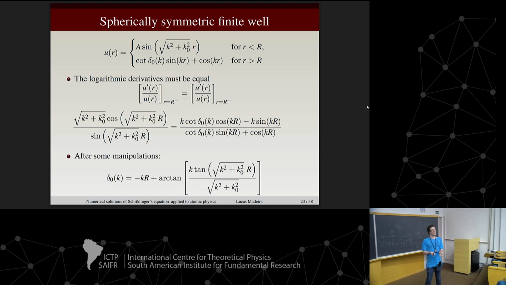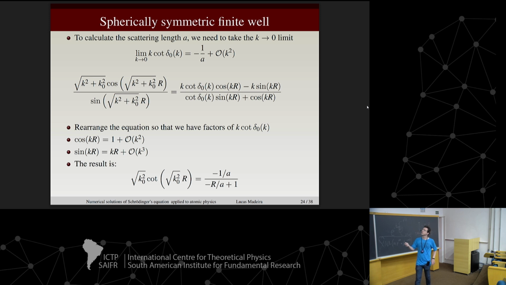But what we want to do, the focus of this lecture, is to calculate the scattering length. So how do we calculate the scattering length? Well, we saw that we had this expression that relates K cotangent of the phase shift to the scattering length, and I was throwing away terms of order K squared and higher.